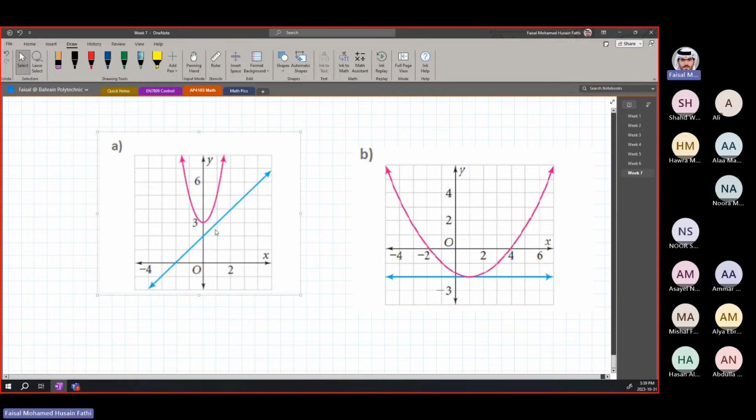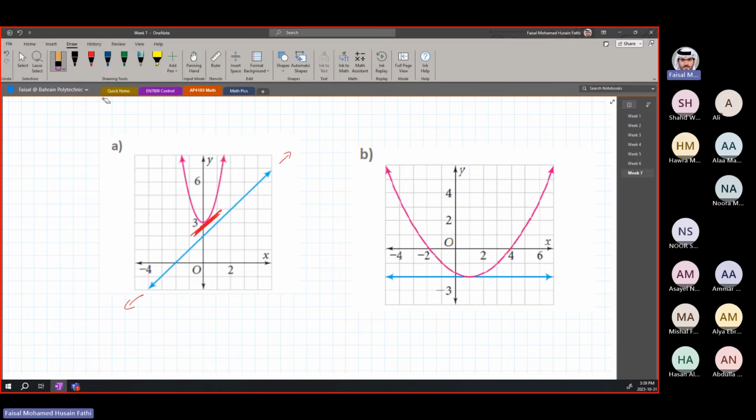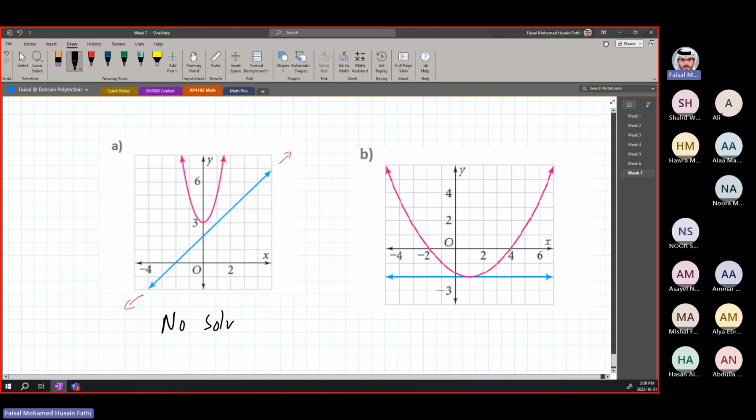In this case, if you notice, there isn't any intersection here. There's no intersection here, the line is going this way. There isn't any intersecting point between the parabola and the line. They call this case no solution, because there is no solution. If we did a simultaneous equation, we couldn't actually solve it.